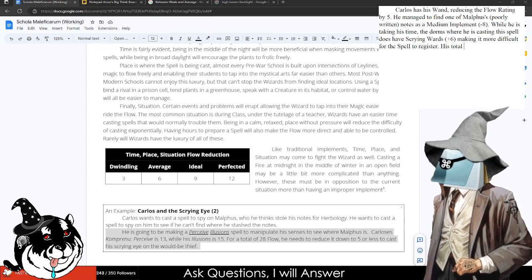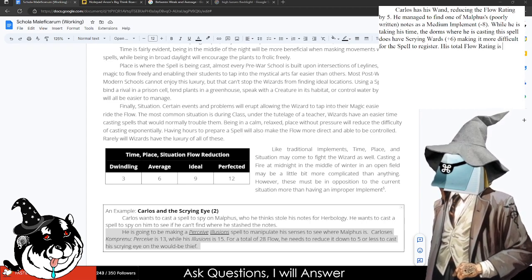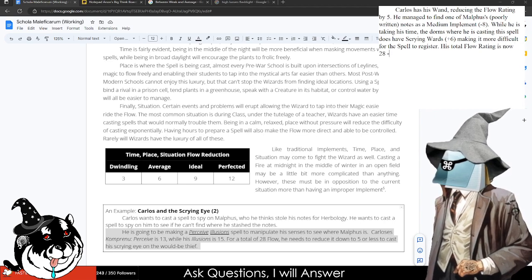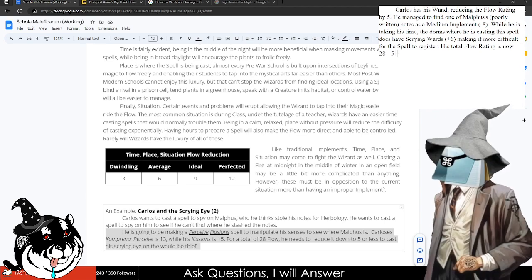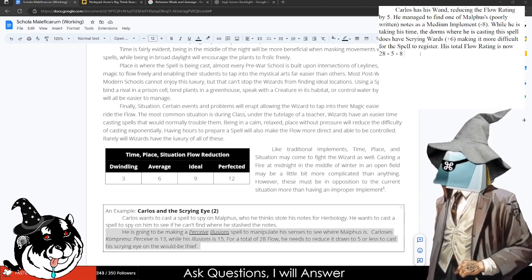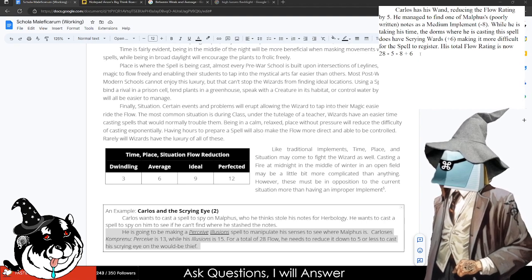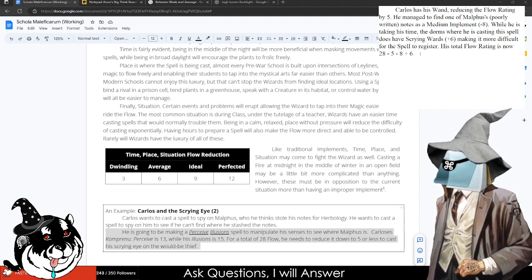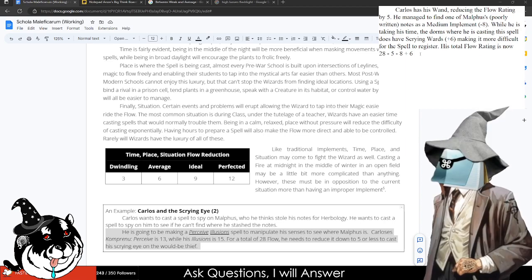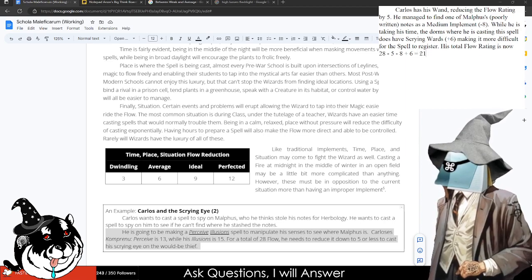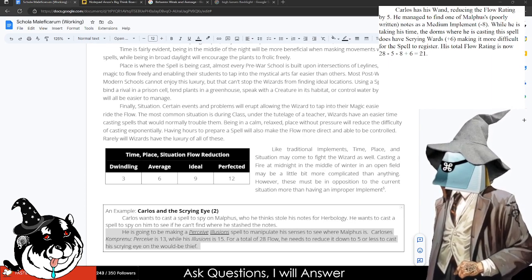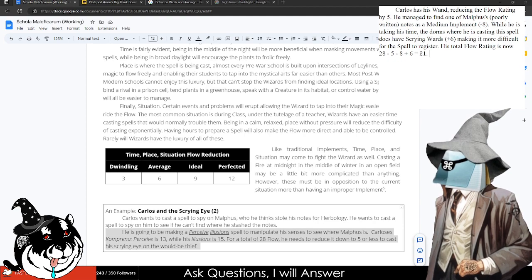His total flow rating is now 28 minus 5 minus 8 minus 8 plus 6, for a total of 21.